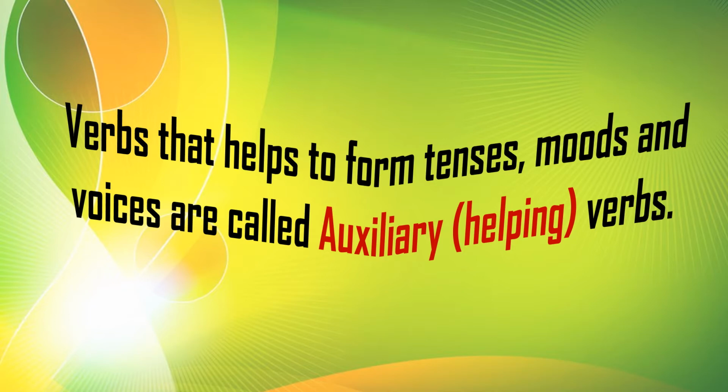We have learned past, present and future and its categories. Then whether it defines in which mood that sentence is and in which voice that sentence is. So these verbs which help us to form the tenses, moods and voices are called auxiliary or helping verbs.